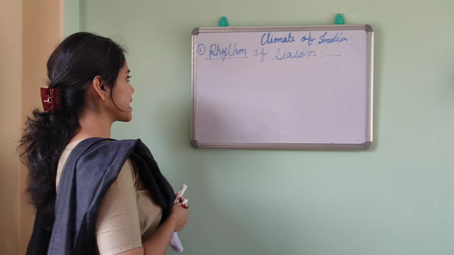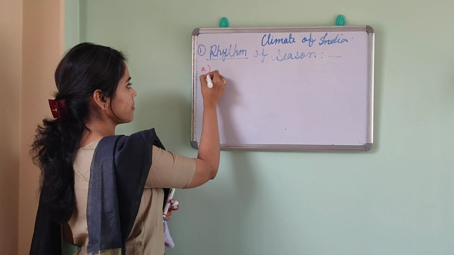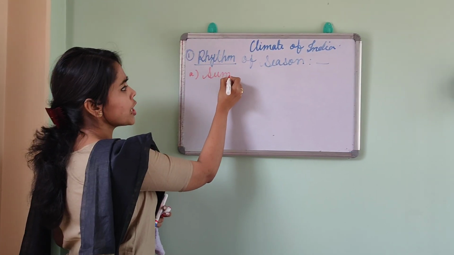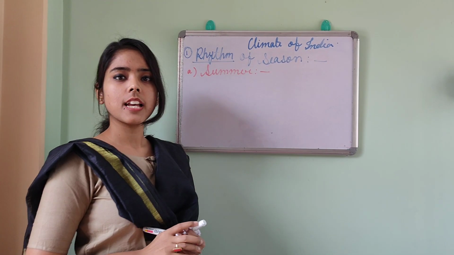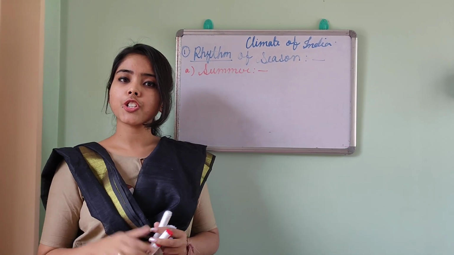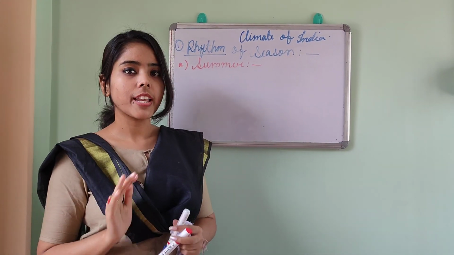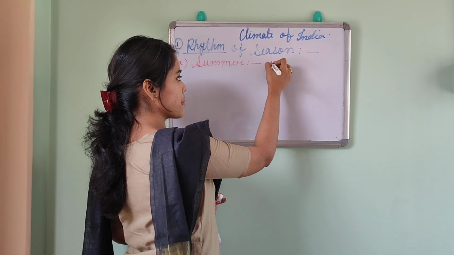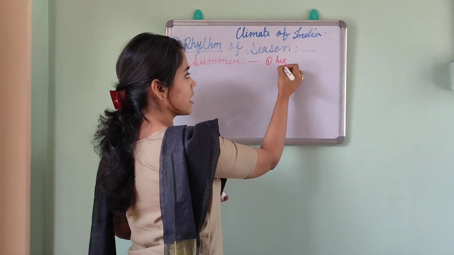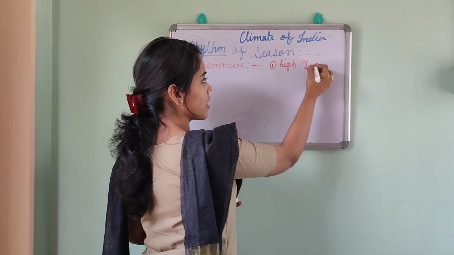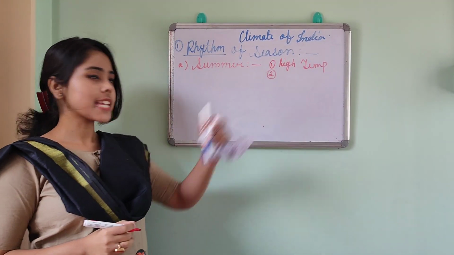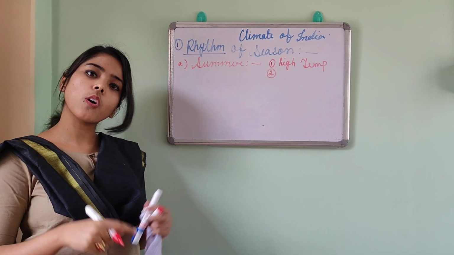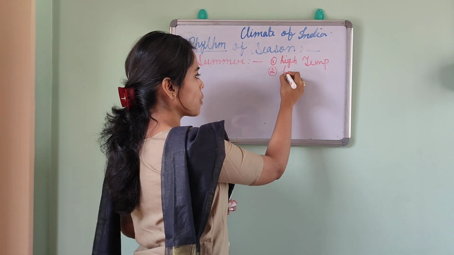So first is summer. Generally we all know the basic characteristics of summer. Number 1, temperature will be very high. That means high temperature. Number 2, due to this high temperature, humidity will also be more.